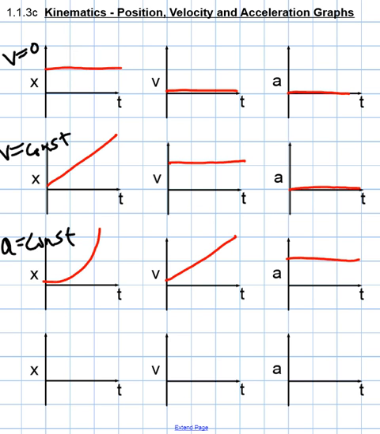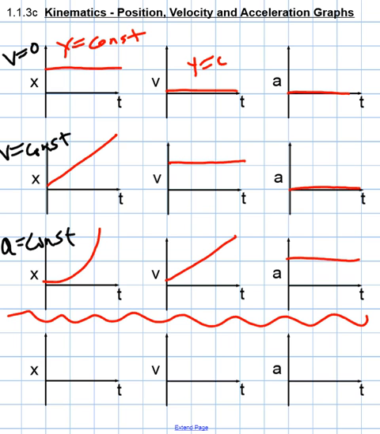Okay. Now, what would the next logical step be? This is not part of our curriculum, right? This is not part of the AP curriculum, but we can intuit what the next logical step would be, right? So this is like y equals some constant.